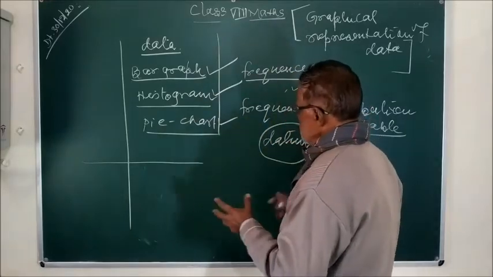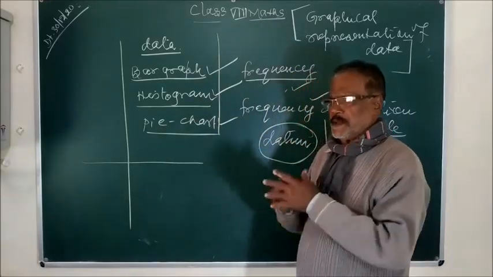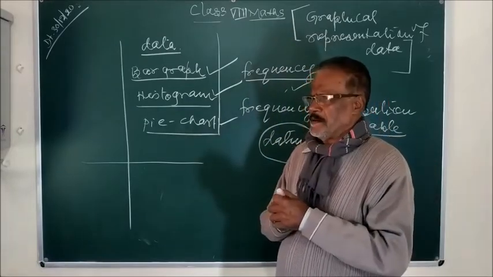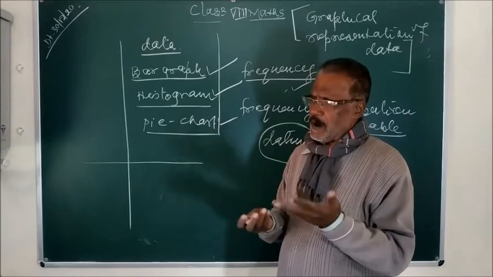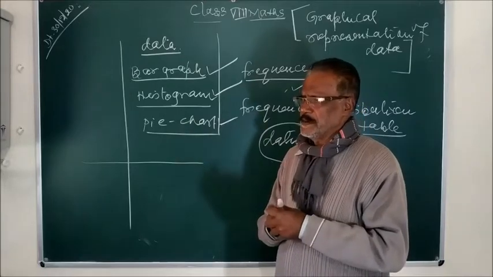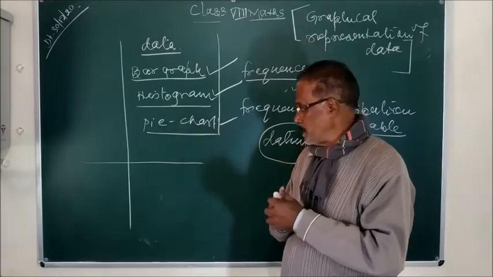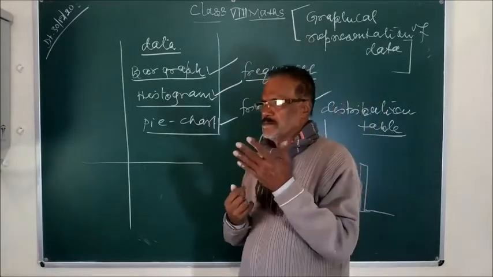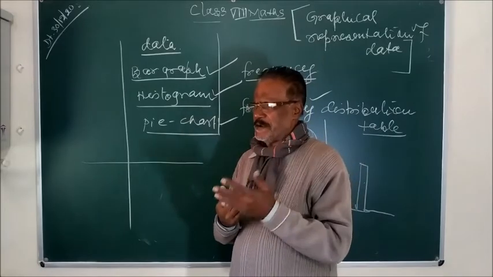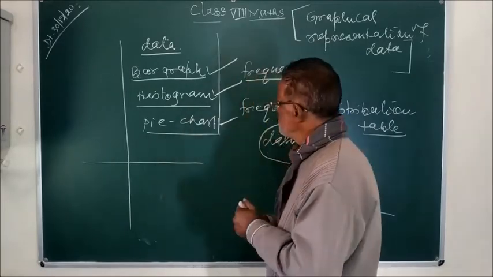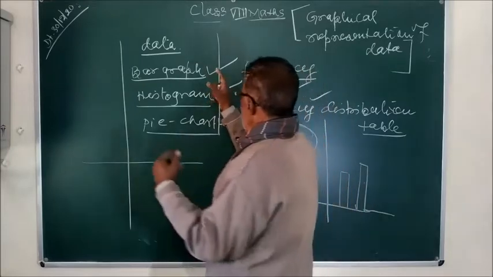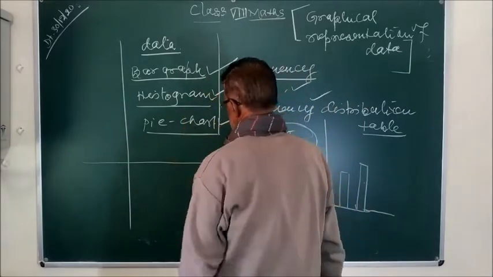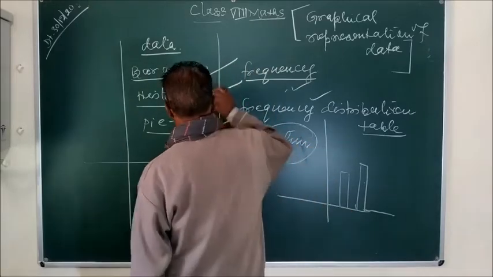So bar graph is a pictorial representation of given data, and whatever it may be, the marks obtained by the students, the price of an item, or the temperature noted down for 10 days or 15 days like that. So bar graph you will see, and you will try to draw the bar graph.